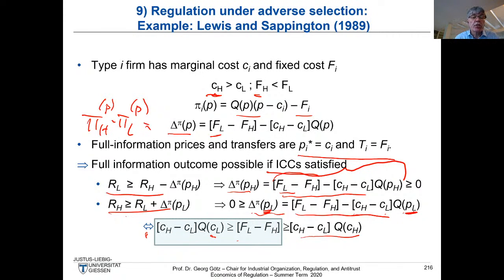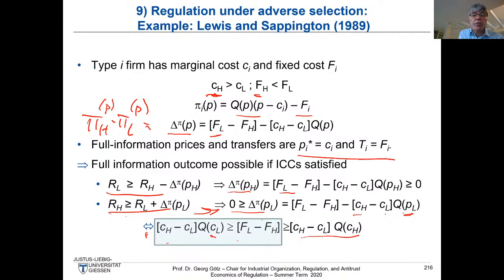So which condition is this here? This is actually, and I have to erase all my lines here, this condition is actually the second condition here, okay? And you see immediately, putting the CH minus CL times Q of CL, because of course we want to implement the first best, putting that on the other side, we get CH minus CL times Q of CL is greater or equal than FL minus FH.